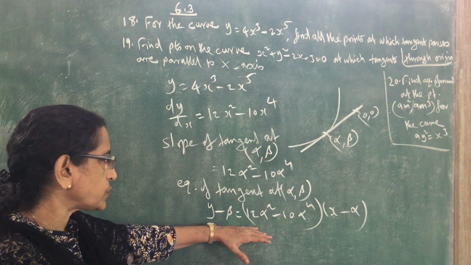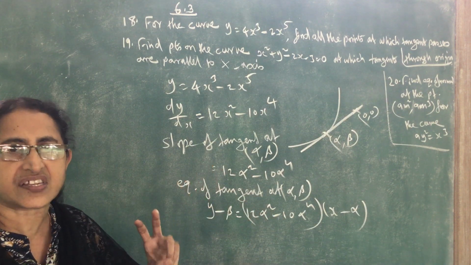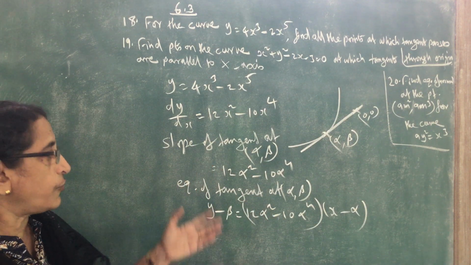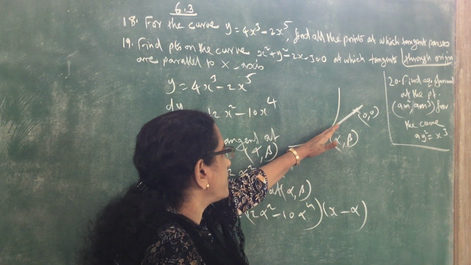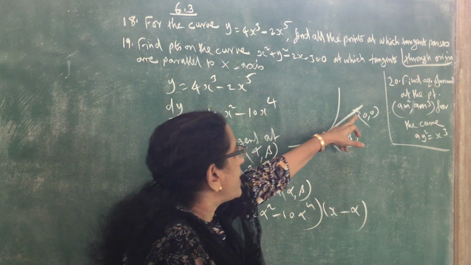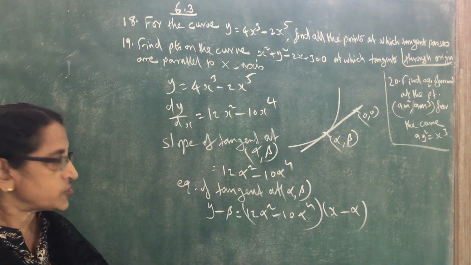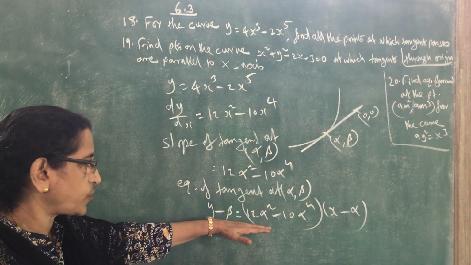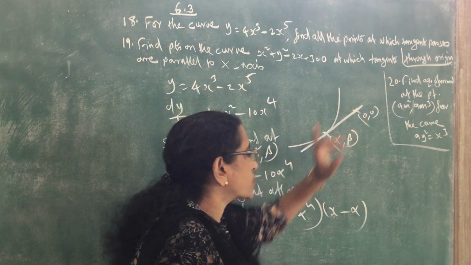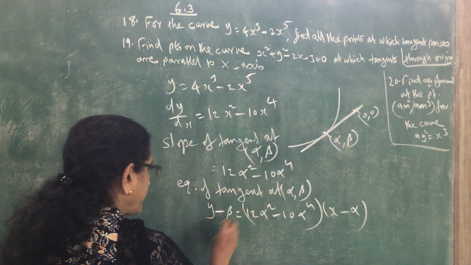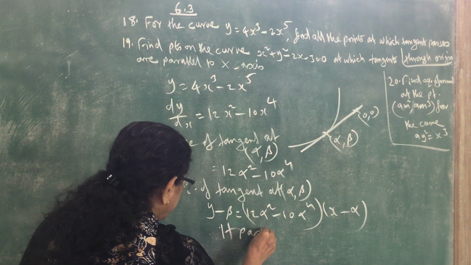We are going to get two equations involving alpha and beta. For that, it is given that this tangent at alpha beta passes through the origin 0, 0. So in this equation of the tangent we can substitute 0, 0, because the tangent passes through the origin.